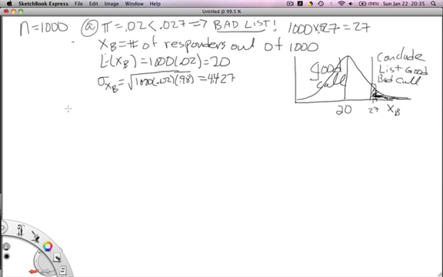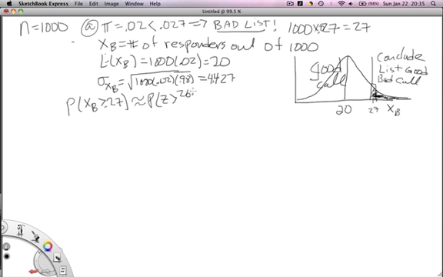Okay, so what we need to do is evaluate the probability of observing an XB greater than or equal to 27. Using our normal approximation, this is approximately equal to the chance that we have a Z greater than, well, that bar starts at 26.5.